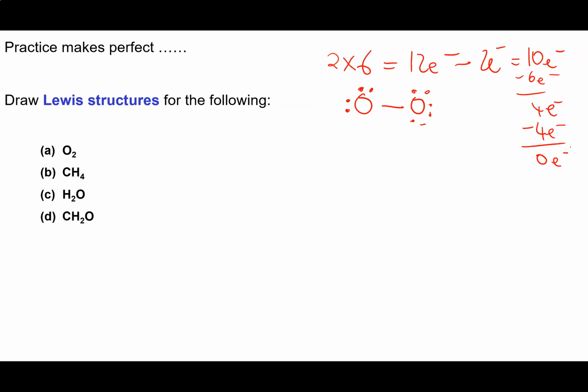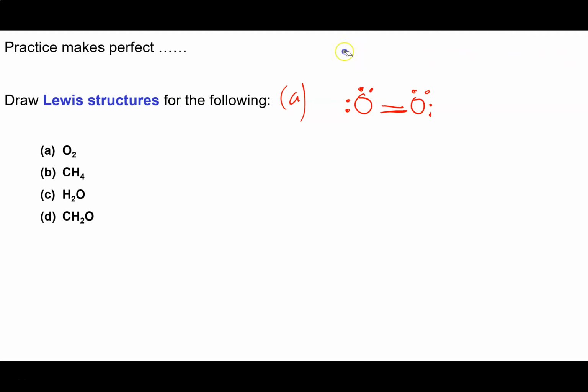Check whether my central atom has an octet. 2, 4, 6. It doesn't. It's 2 electrons short. So what I've got to do, bring those guys in. They're not a lone pair anymore. They become a bond. So oxygen has a double bond in there. Okay, got a space.